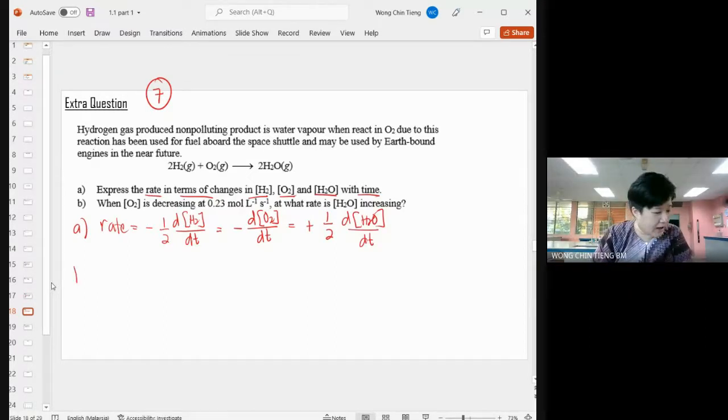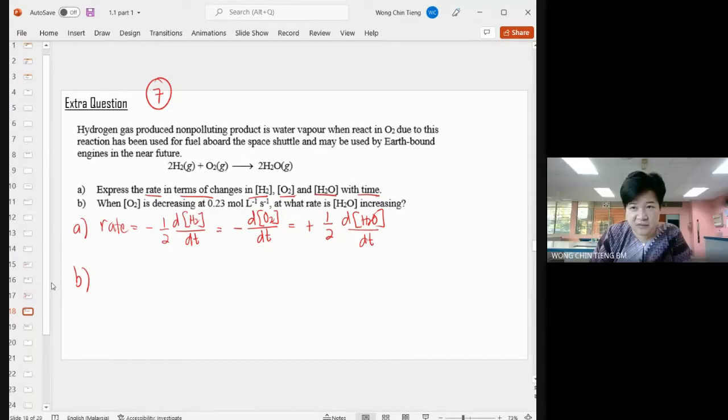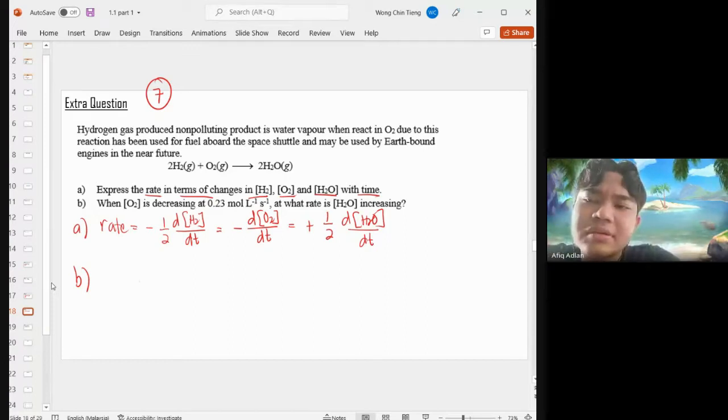Afiq, can I have the answer for B? Yes, Afiq, I'm waiting. 0.46 mol per liter per second.